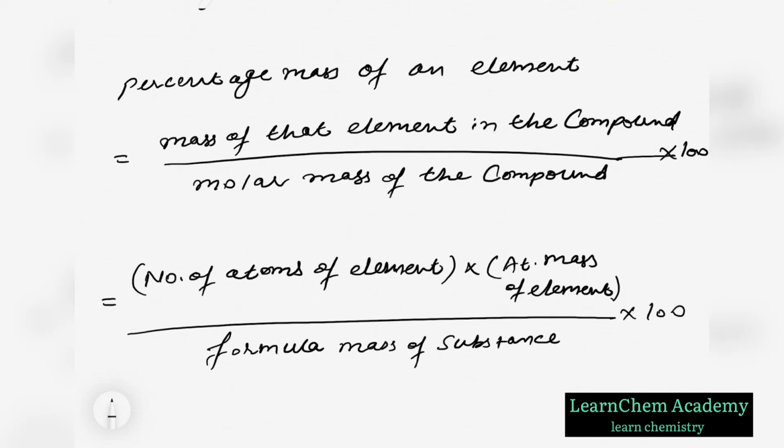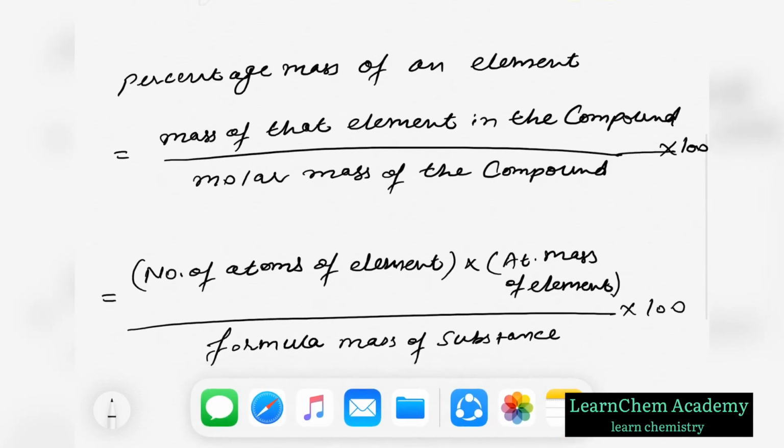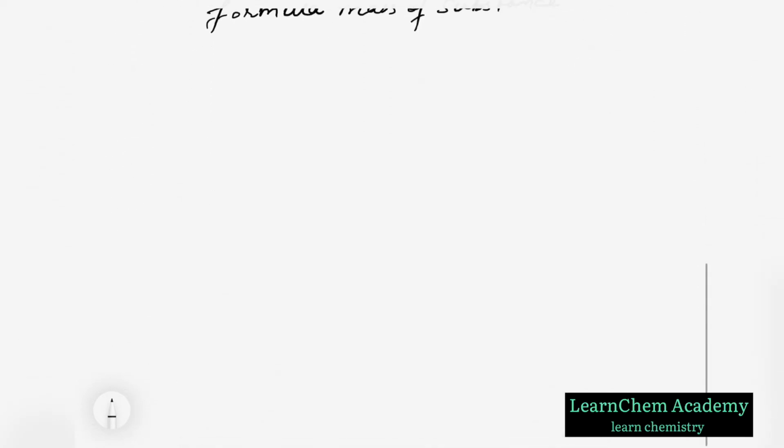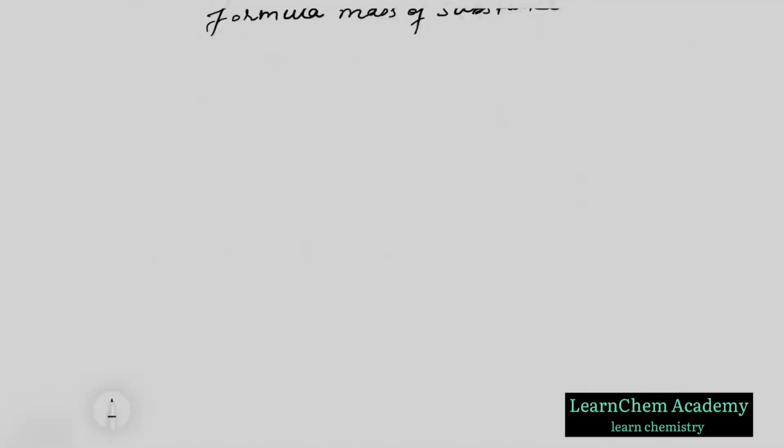This is very simple and similar to a simple percentage calculation. Just as in a result, the total marks obtained are divided by the maximum marks into 100, we can similarly calculate the percentage composition of an element in a compound.